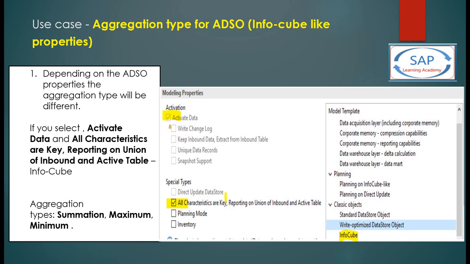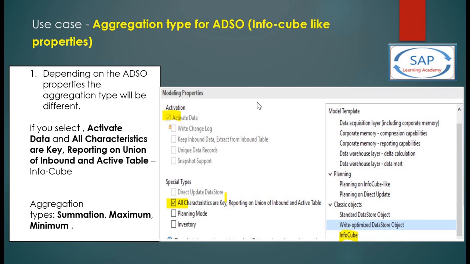When we are creating a delta DTP, remember this, only then will the record mode be generated in the transformation. But if you are creating a full load or flat file load, then the record mode will not be generated. It will be generated only when you are creating the delta load.